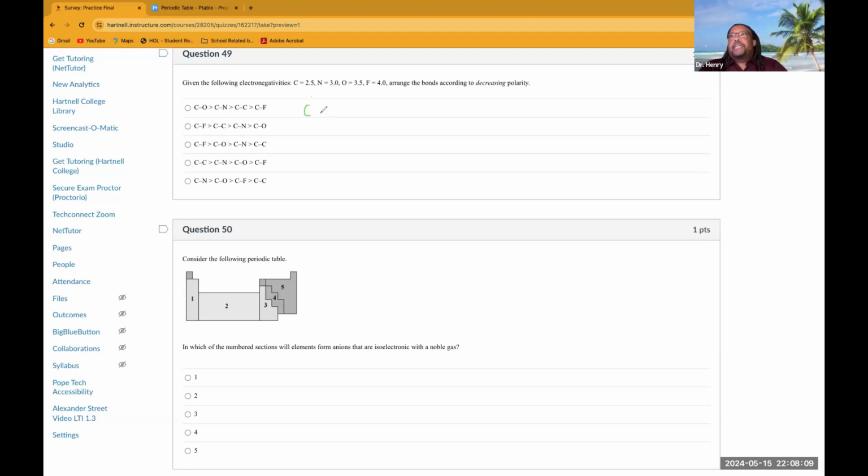N minus C is 3.0 minus 2.5, which gives us 0.5.